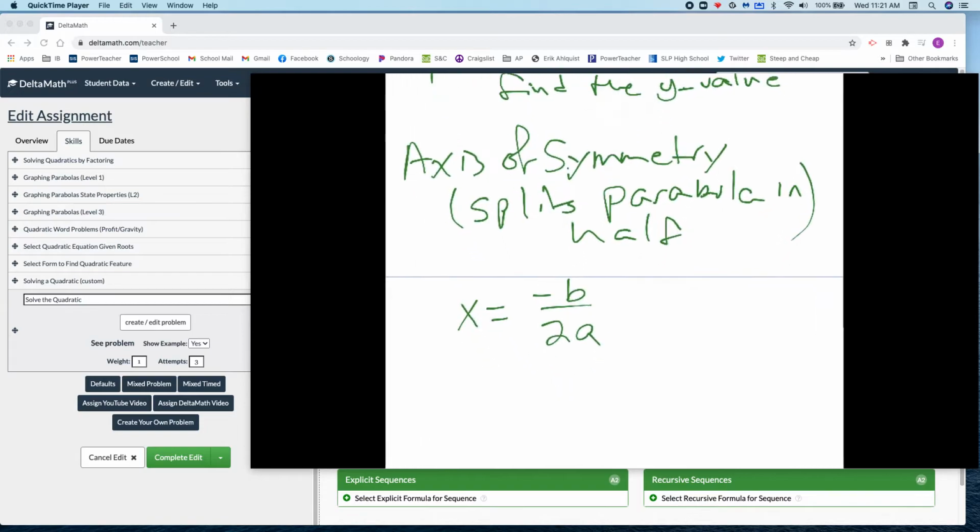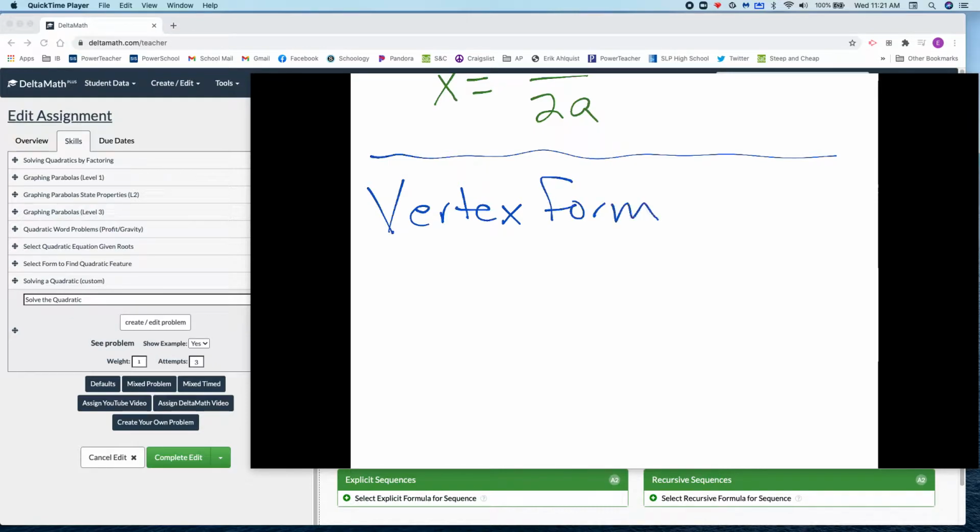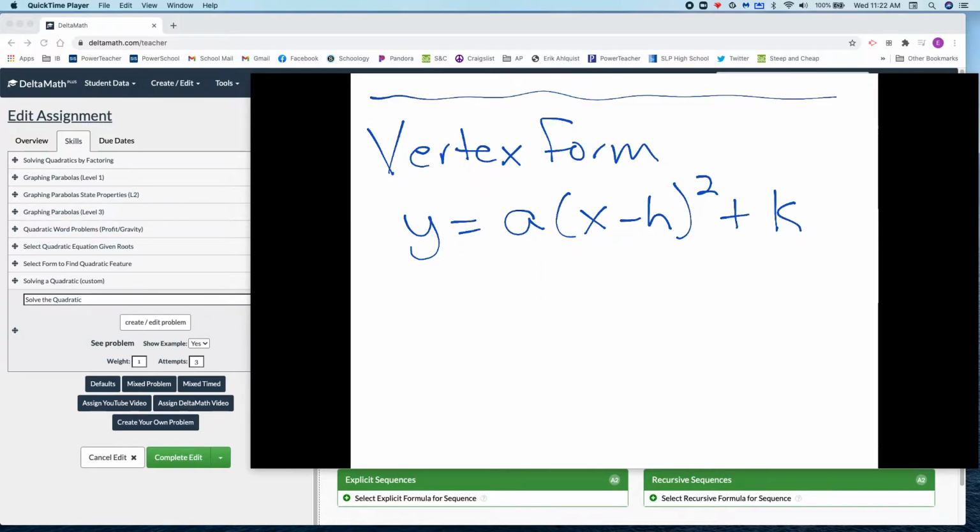Okay, so another form that we have is vertex form. So remember, the vertex is the tip of the parabola. Vertex form looks like this. And in vertex form, the vertex is (h, k).